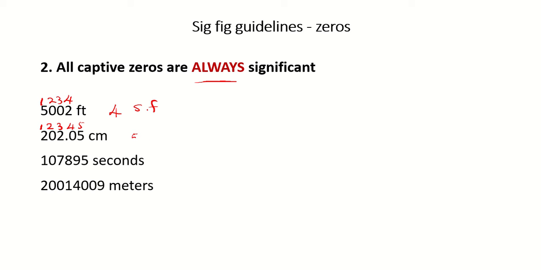You have 5 significant figures. Next number. This is the only captive zero. 1, 2, 3, 4, 5, 6. You have 6 sigfigs. The next number. These two are captive zeros. These two are captive zeros. They are all significant. So let's start counting. 1, 2, 3, 4, 5, 6, 7, 8.